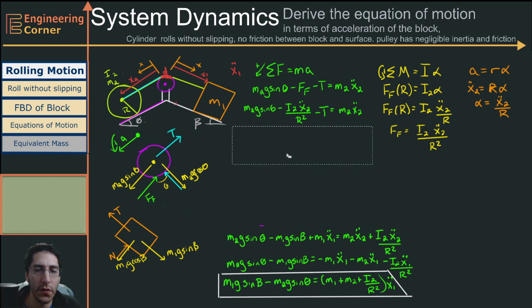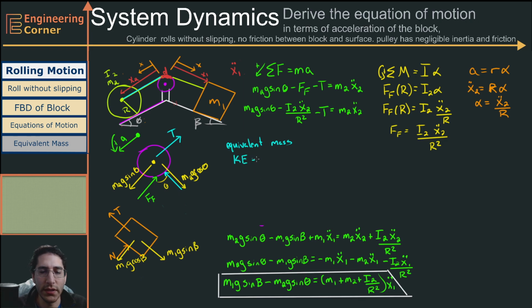So for equivalent mass, I really want to start with the energy. So let's look at the equivalent mass. I start with the kinetic energy of each of my elements. So what do I have here? I have a rolling element and a translating element.